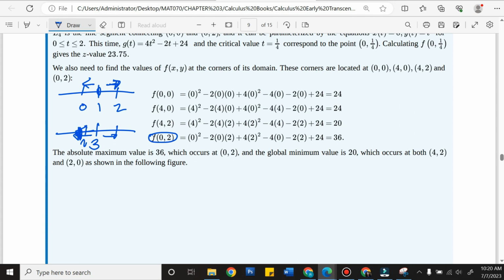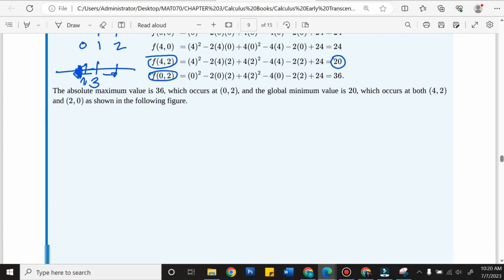Next, the global minimum is 20, which comes from (4, 2). So, in other words, our global minimum is 20. Now, you might ask, what if I put a different value there? Then you will get a different result, but you can still determine whether it is a maximum or minimum.